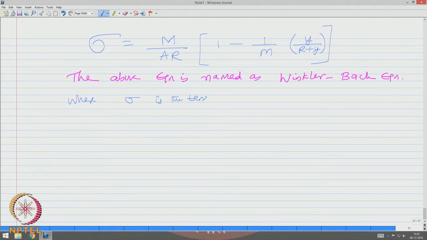In this equation, sigma is the tensile or compressive stress at distance y from the centroidal axis. It is not from the neutral axis, please note.